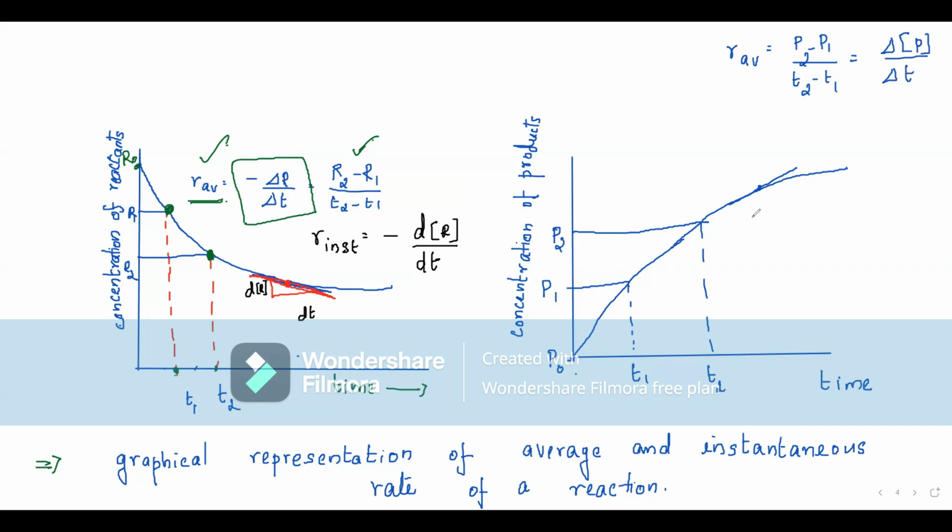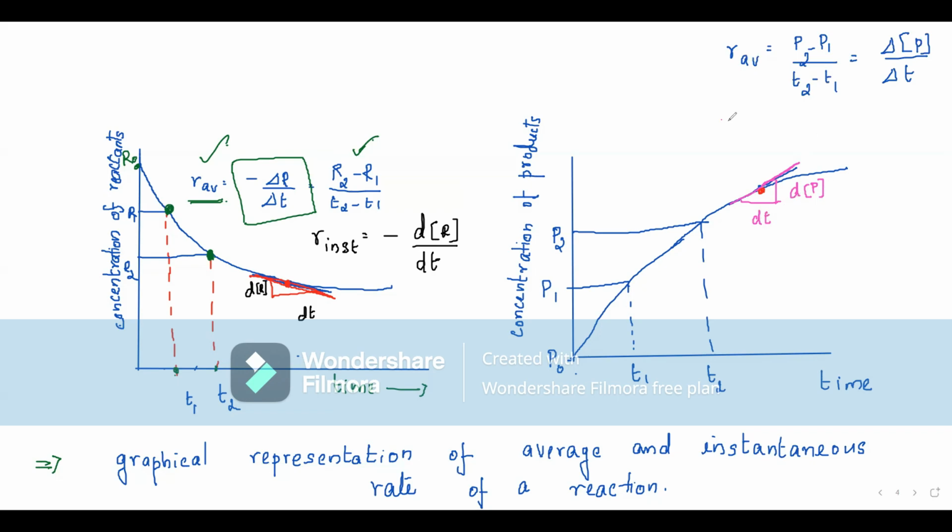This does not require any explanation, right? Similarly, instantaneous rate. I've marked a point here. Next is to draw a tangent to the point. So let this be the tangent and then find the slope. This part is delta T and this is dP, a small change in concentration of product, in a small change in time.